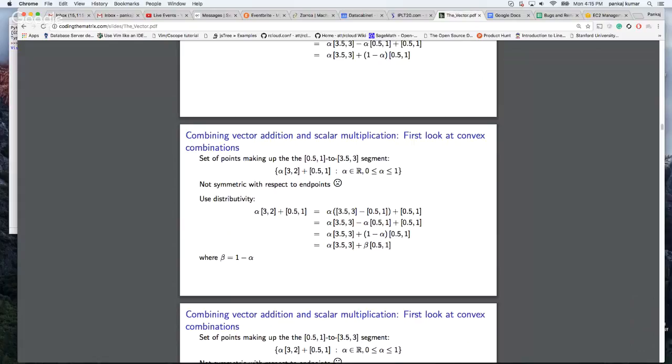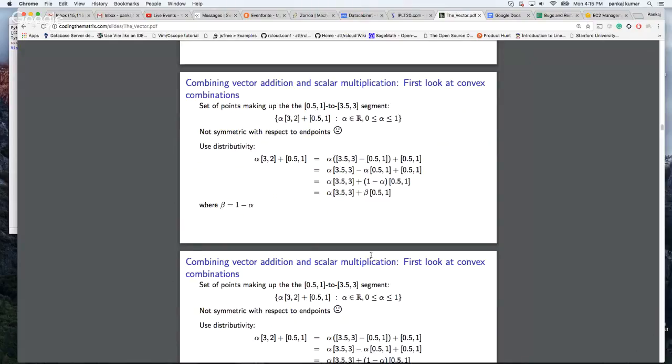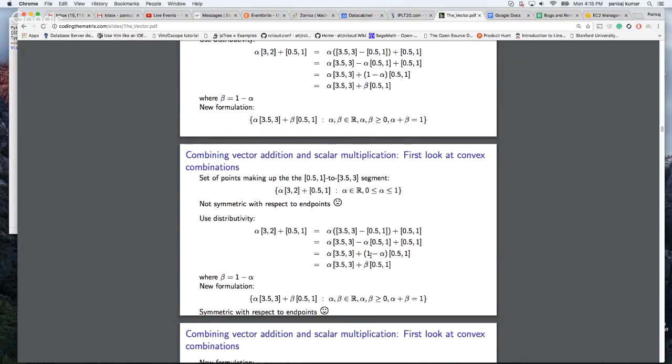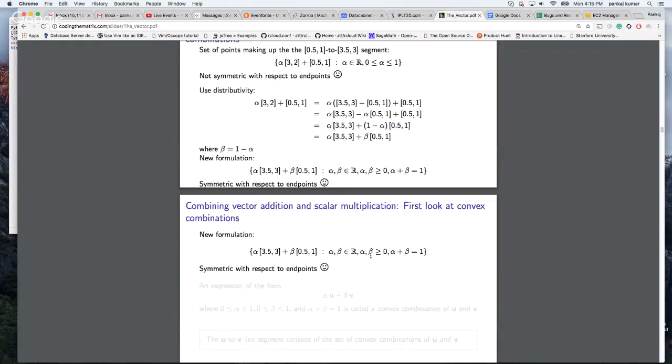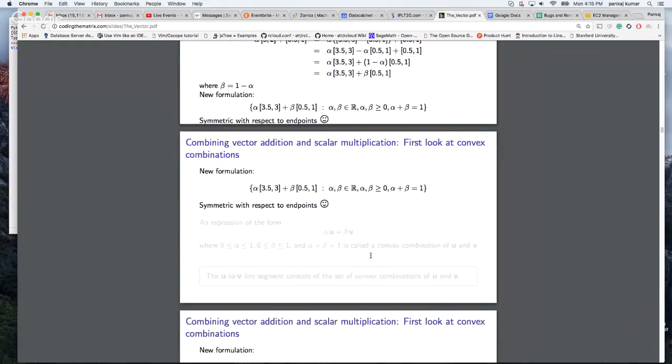So this will constitute all points, all vectors between those two points on the straight line between them. So that's the result. This is also called a convex combination.